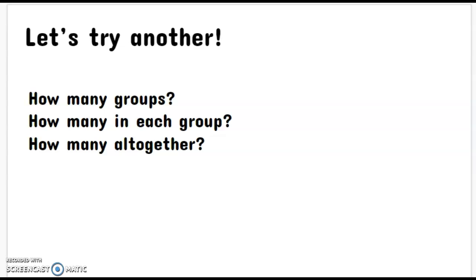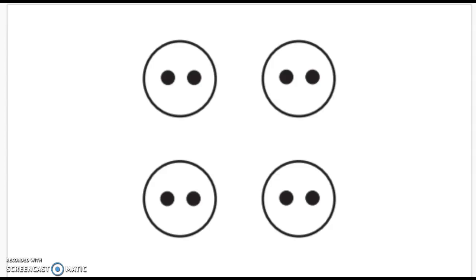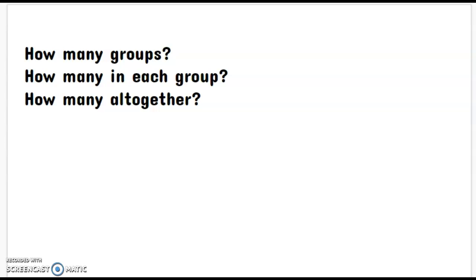All right, I'm going to ask you again, how many groups, how many in each group, and how many altogether? This is going to come fast again, so pay close attention. How many groups did you see? How many were in each group?